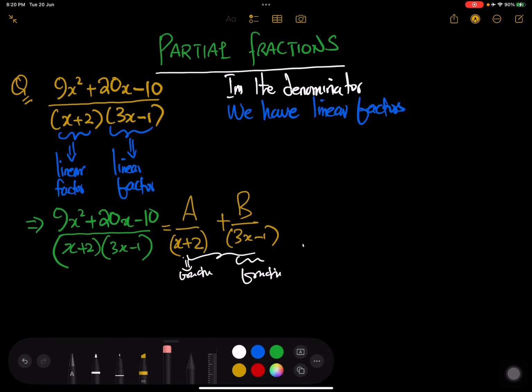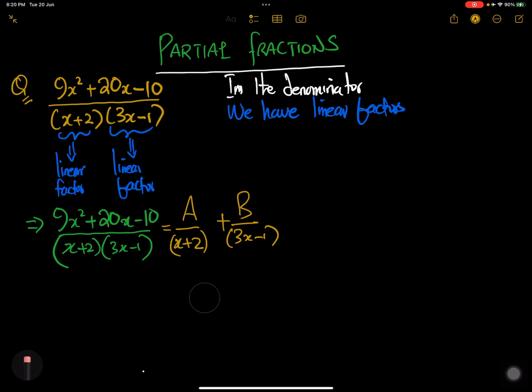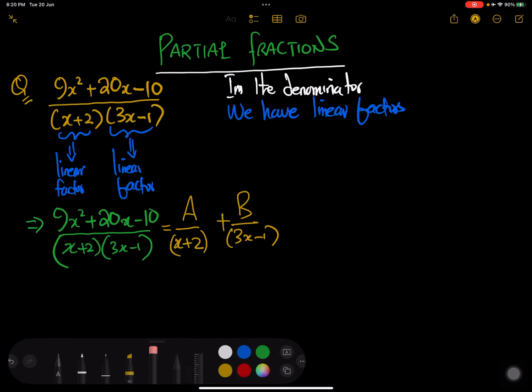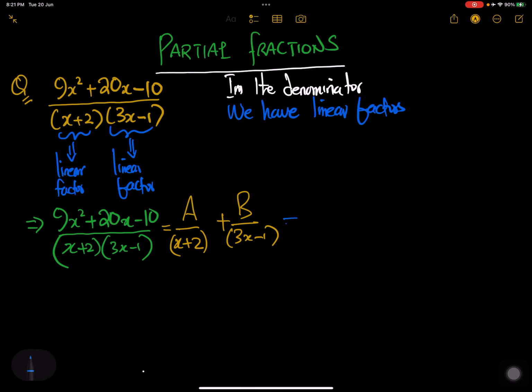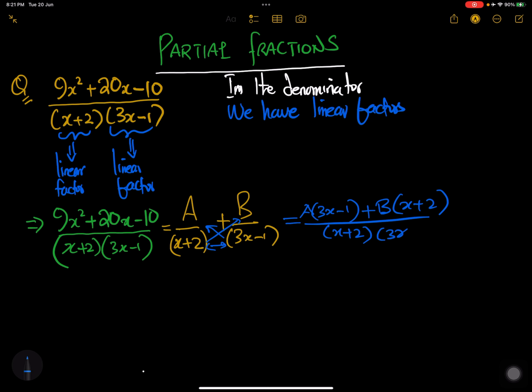So we take the equal sign, and we have A multiplying 3x minus 1, plus B multiplying x plus 2, and then in the denominator we have x plus 2 multiplied by 3x minus 1.